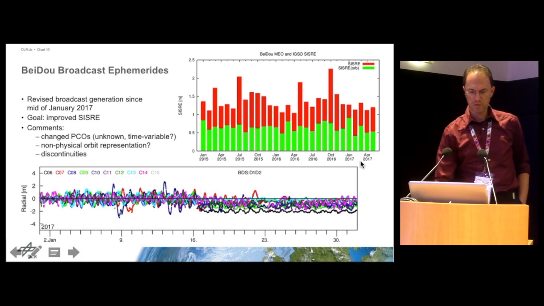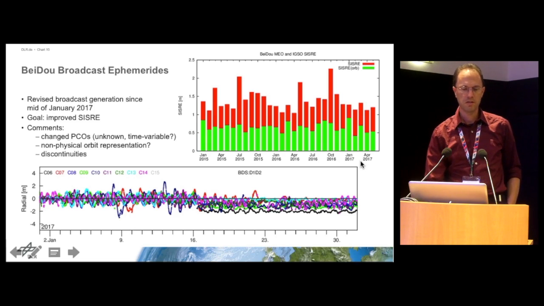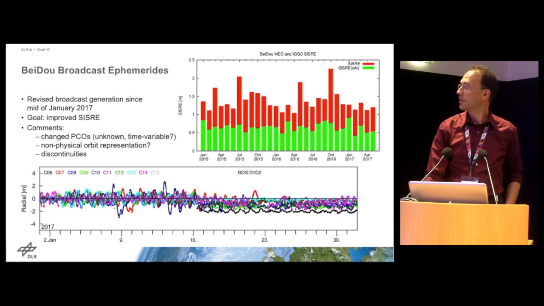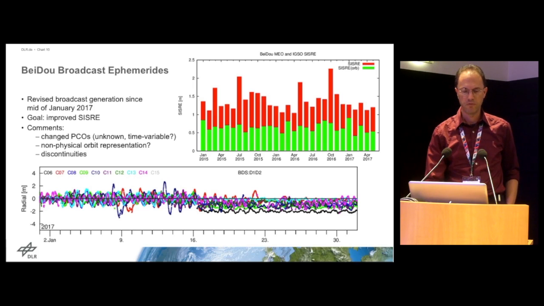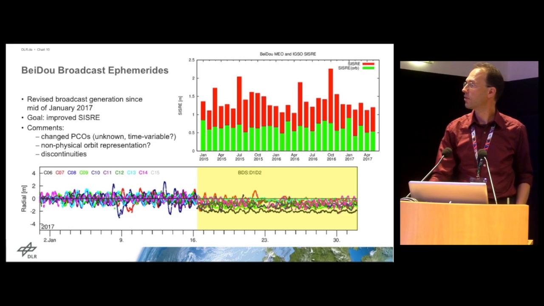An example for BeiDou: there was a change in January 2017. This was a revised broadcast generation with the goal of an improved SISRE. You can see here the time series of January for the BeiDou 2 IGSO and MEO satellites. You see that there's a change in the middle of January where the offset of the individual satellites is changed.